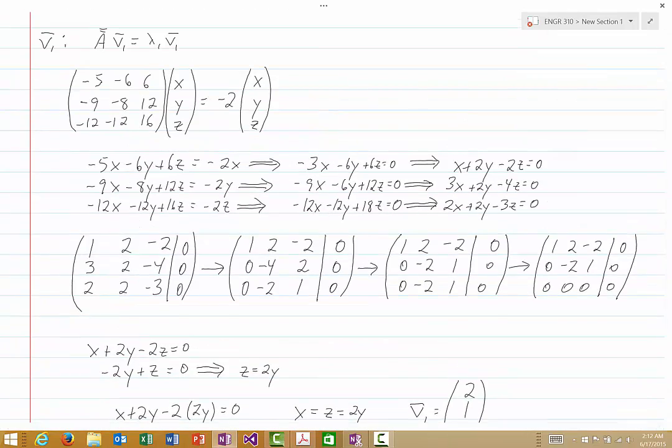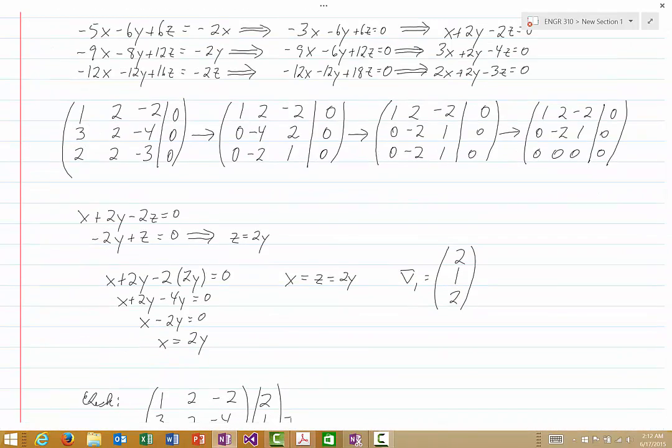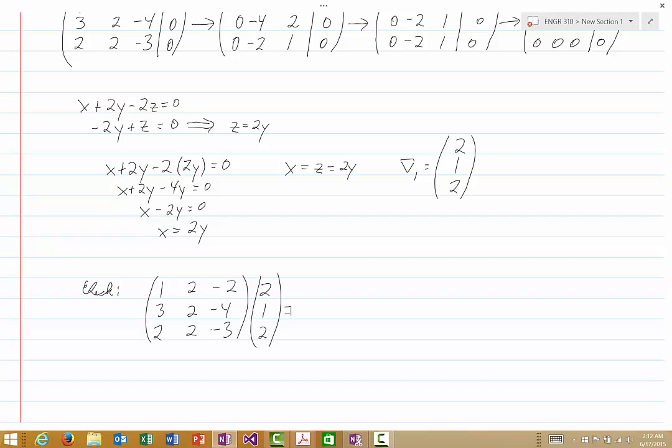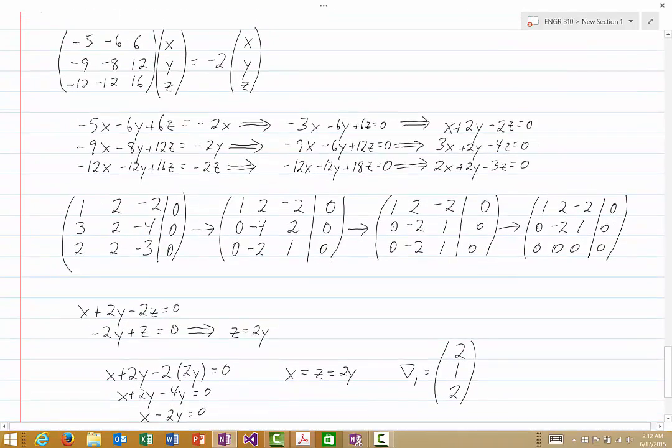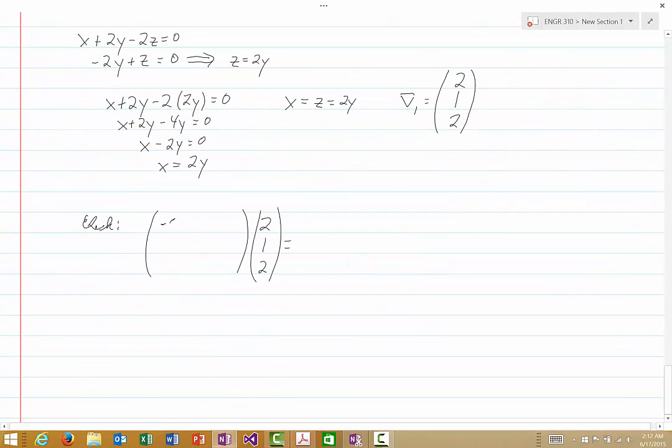Oh, wait. No. Our matrix is, I wrote down the wrong matrix here. Our matrix A is negative 5, negative 6, 6, negative 9, negative 8, 12, negative 12, negative 12, 16.